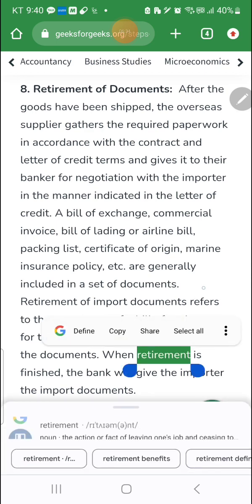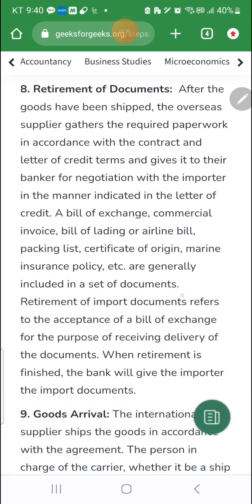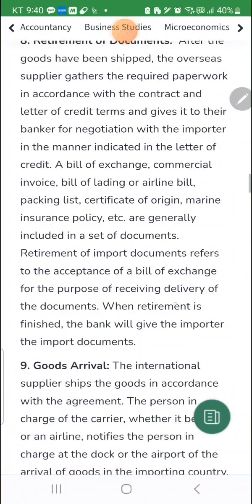Retirement of import documents refers to the acceptance of a bill of exchange for the purpose of receiving delivery of the documents.